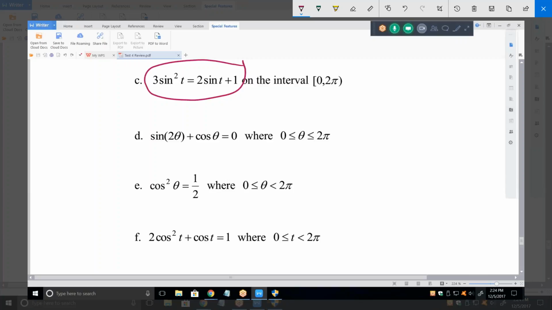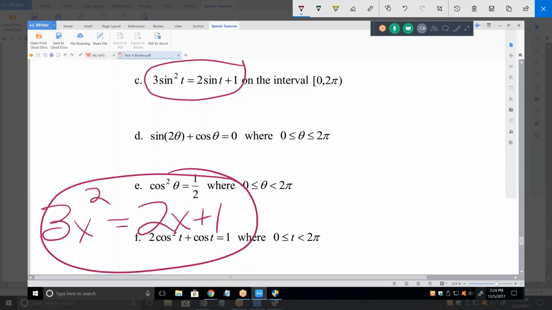What if I wrote this? What if I told you 3x squared equals 2x plus 1? What do you see down there? Quadratic. Okay. Well, guys, that's the same thing.